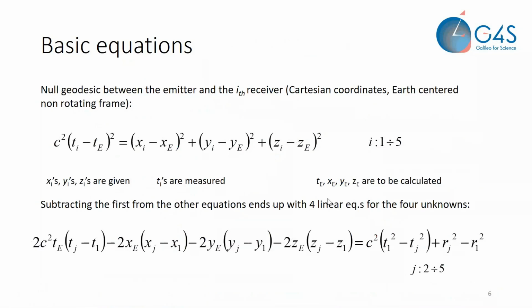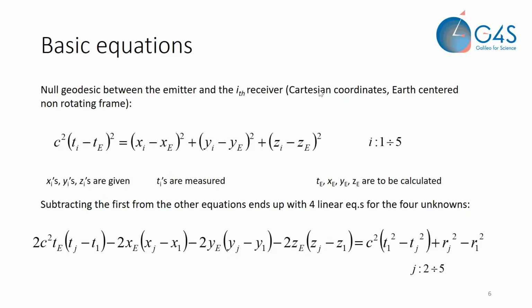Now, what are the basic equations to use this approach? As far as we are in a flat space-time, you use Cartesian coordinates in an Earth-centered non-rotating frame. The equation of the null geodesics is very simple, even trivial, the one you can see here, where the index i goes from 1 to 5. Actually, we have 4 dimensions and 4 unknowns, so in principle you can do it using just 4 equations, but I will use 5 for a simple reason, just to simplify the next steps.